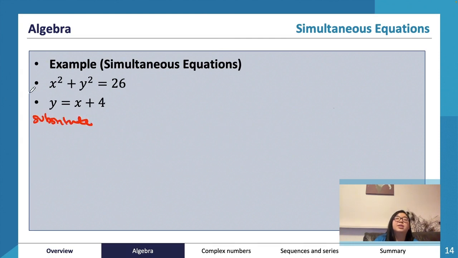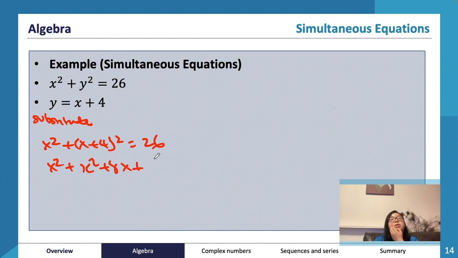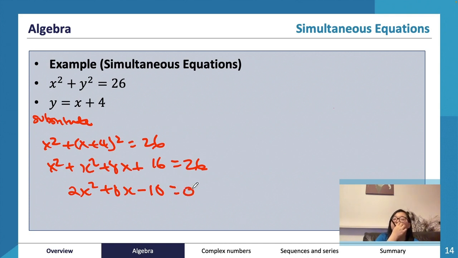And it already has it in the form of y equals to x plus 4, so that's really beneficial for us because we can just go x plus 4 all squared will equal to 26. So we'll get that this is x squared plus 8x plus 16 will equal to 26. So we'll get that this is 2x squared plus 8x minus 10 will equal to 0.